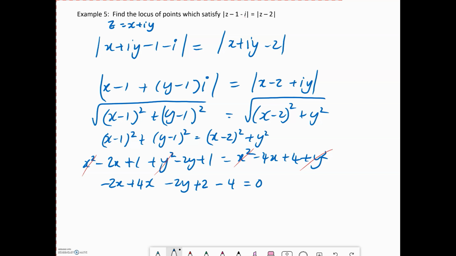Now if we simplify this, we have 2x minus 2y minus 2 equal to 0. So this is the equation that satisfies the constraint that is given to us. So there we have it.